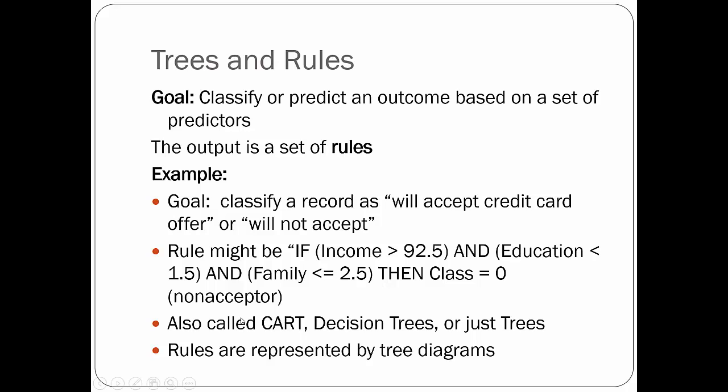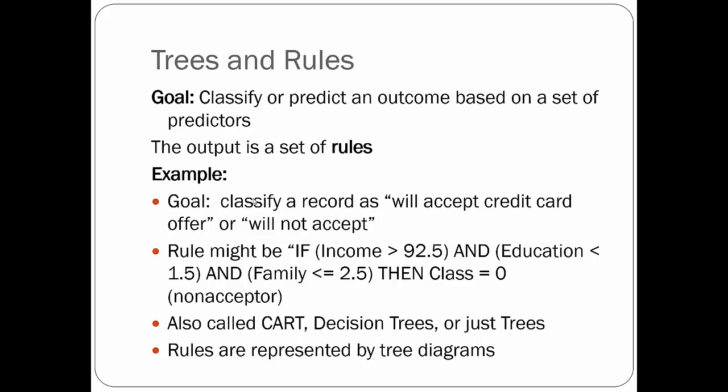So this is a kind of rule. If this is so, then classify the observation as class equal to 0. That means the offer will not be accepted. When you go through the rule, it finally gives you a decision.